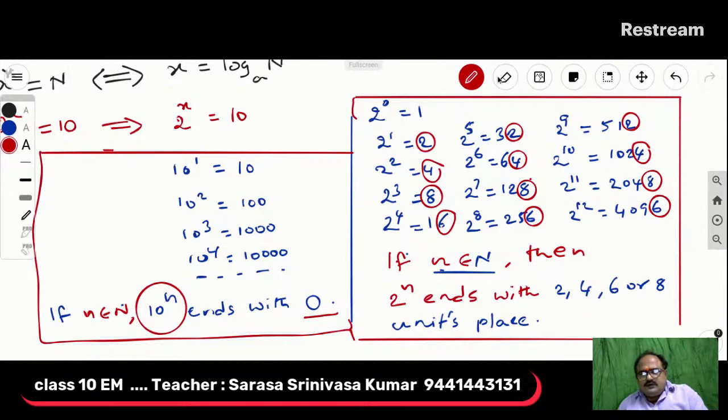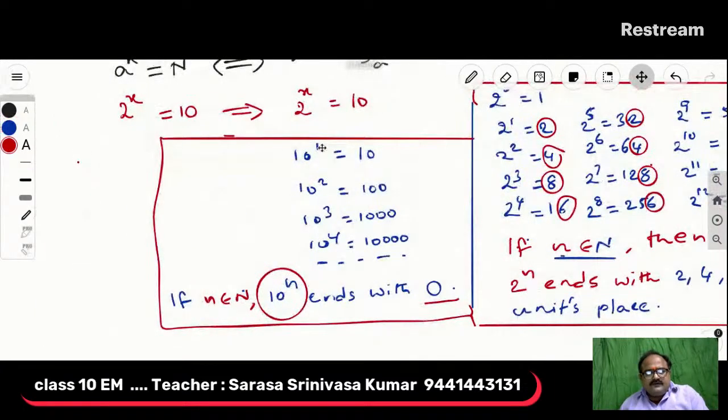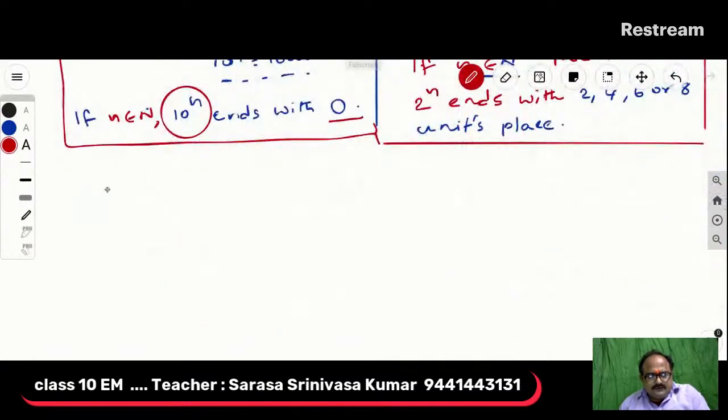So now let us come to a discussion. 2 to the power of x equal to 10 is impossible. Why?